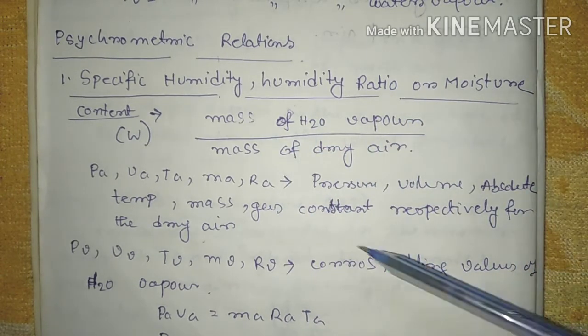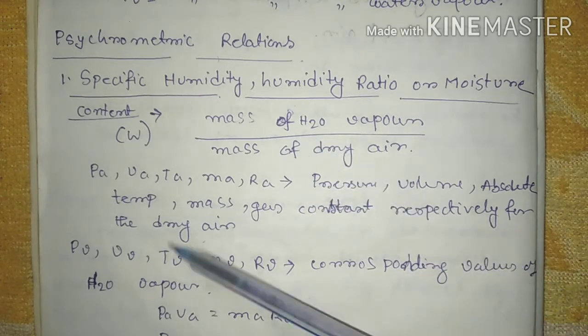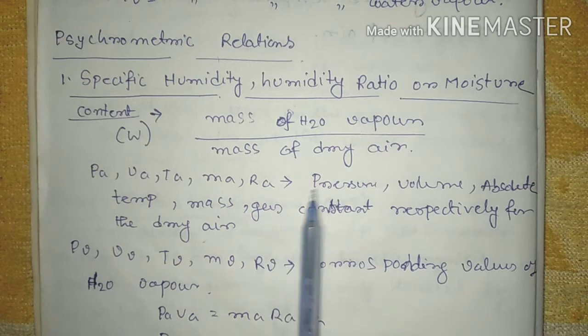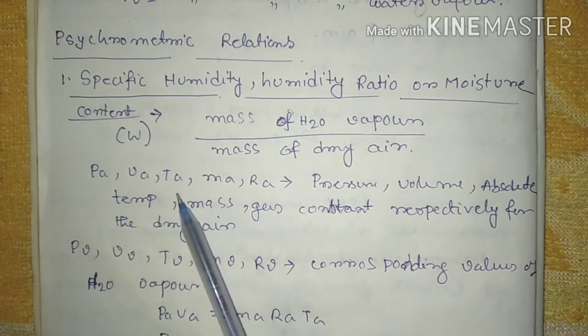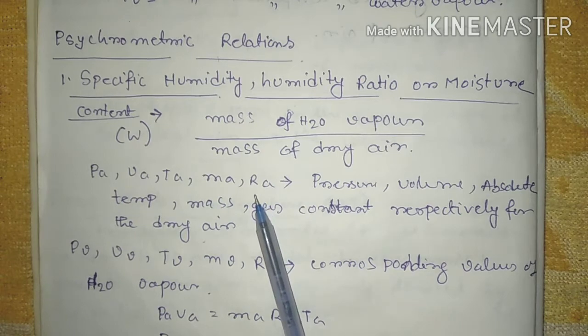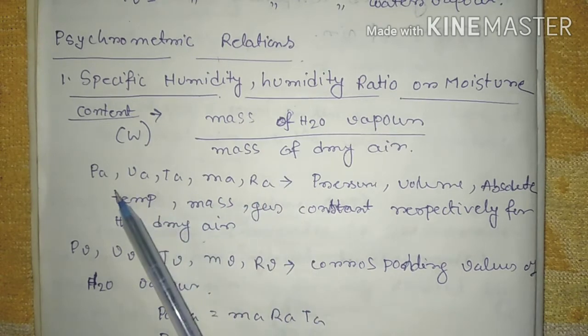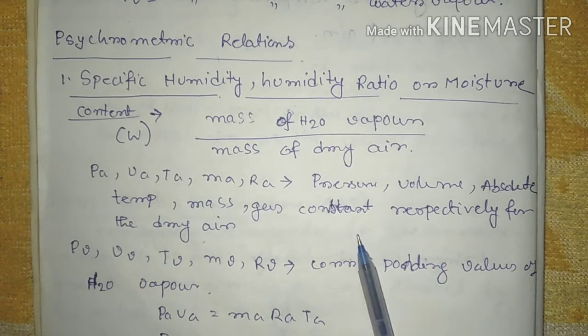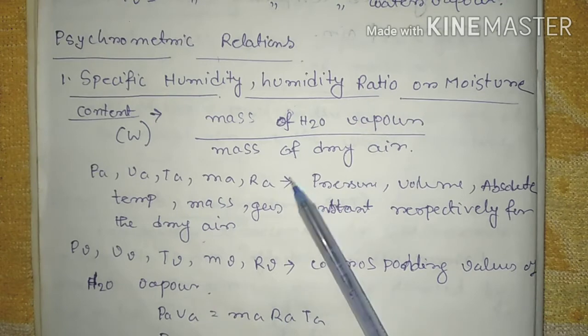Now, as you know, Pa, Va, Ta, ma, Ra: these indicate pressure, volume, temperature, mass, as well as the gas constant, and the suffix a denotes dry air.